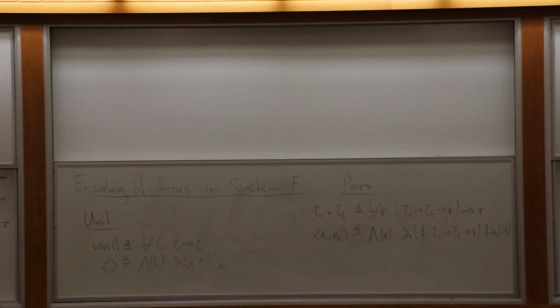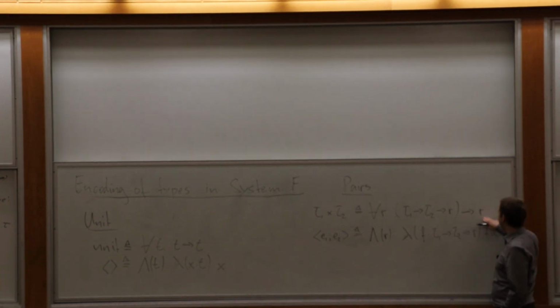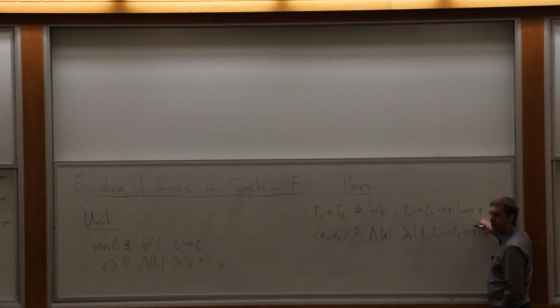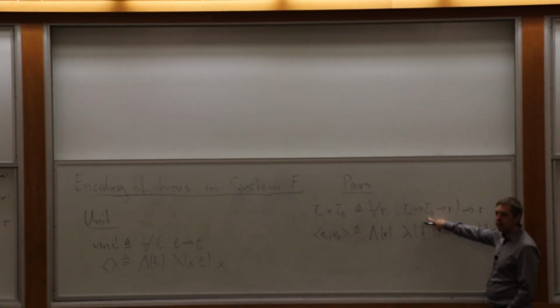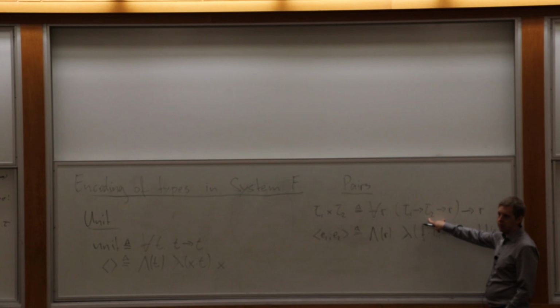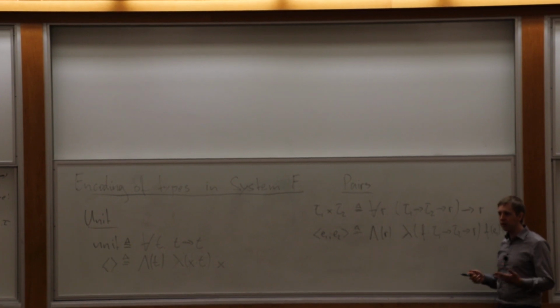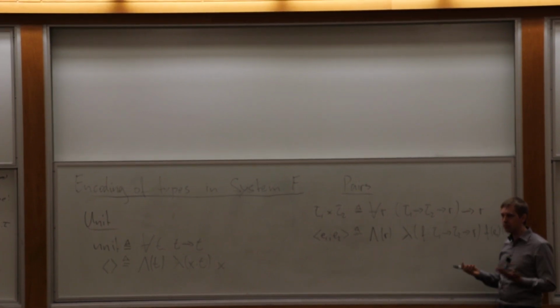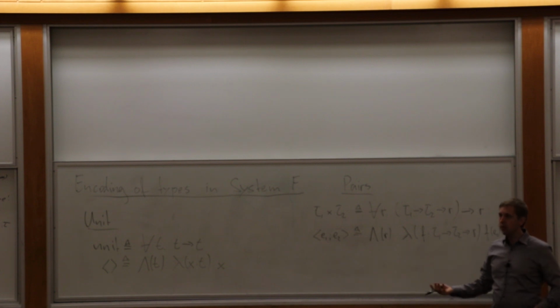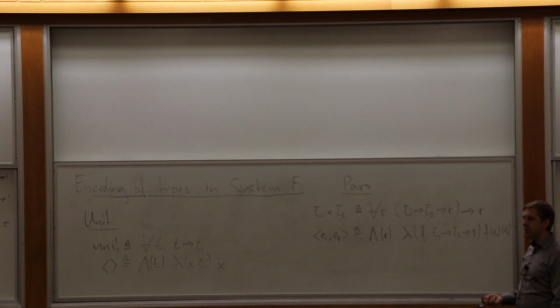One way is to say you always have this shape, that at the end you get something of type R, and you list in the middle all the constructors. If you want to construct a pair, you give it something of type tau 1, and you give it something of type tau 2, and then you have a pair. So inside the parentheses, that's a single constructor.